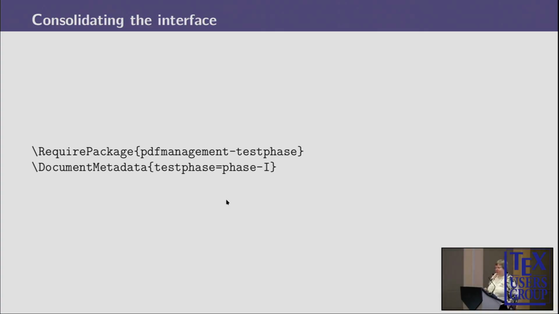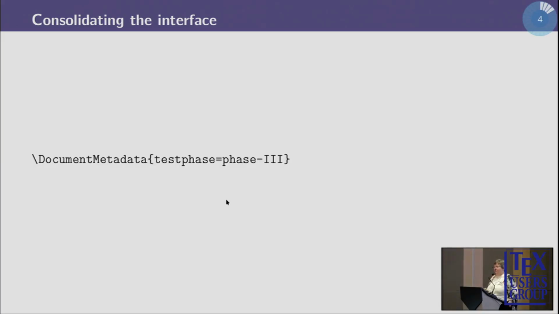At the beginning it didn't do much on its own, it only offered a keyword interface, and for example the PDF management had to be loaded first before you could do anything with it. The next step was that we integrated the PDF management into document metadata, so you no longer had to load it, it was loaded automatically.